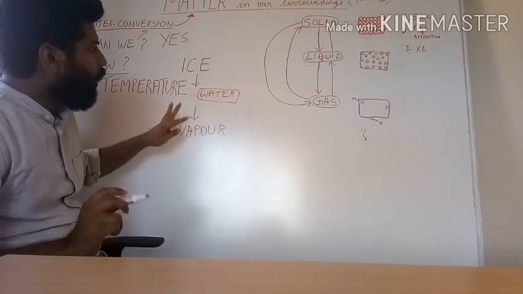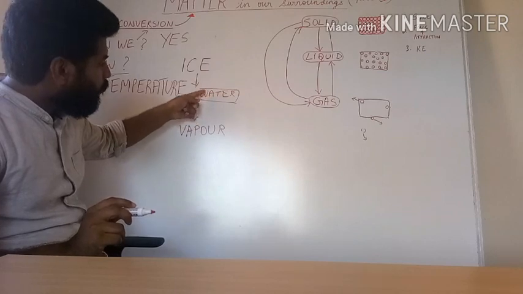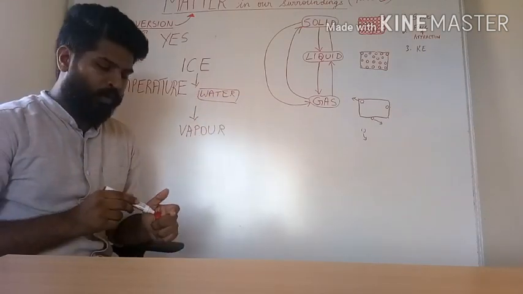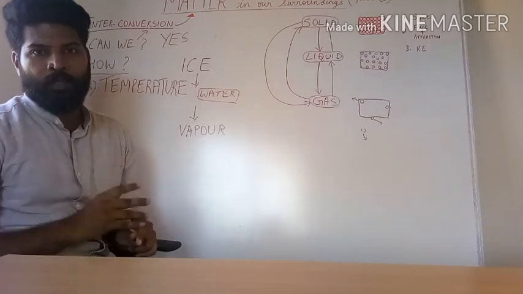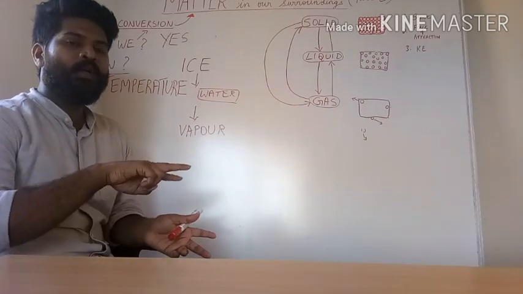Now, if you want to convert water into vapor, what will you do? If you want to convert water into vapor or water into steam, you have to do the reverse.